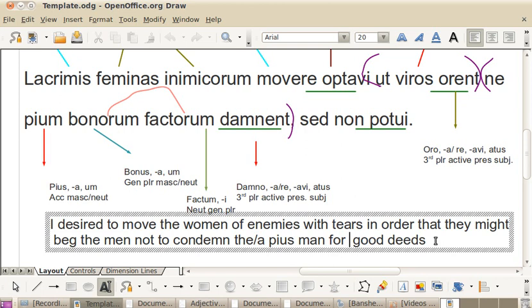So up till this point we have, I desired to move the women of the enemies with tears in order that they might beg the men not to condemn a pious man for his good deeds. So that seems pretty good so far, but we still have the second main idea to translate, sed non patui. Luckily it's pretty short, so we should be through fairly quickly.